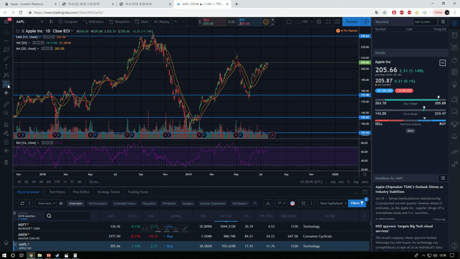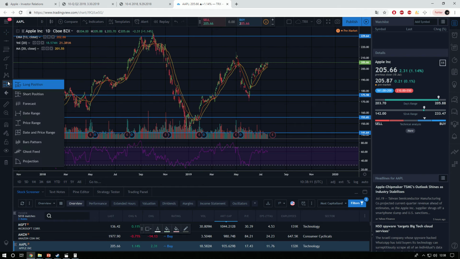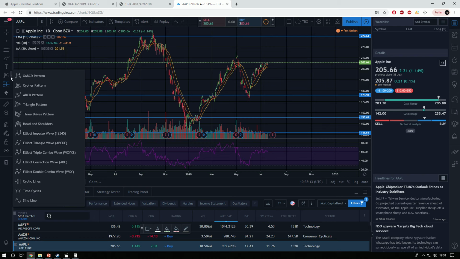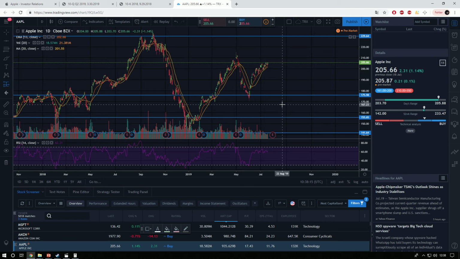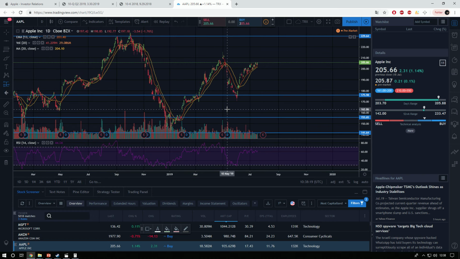You've got all these tools over here. So there's a lot of information that you can get from the chart and that you can try to read into. However, at the end of the day, this is technical analysis, and you have to decide for yourself what you prefer.